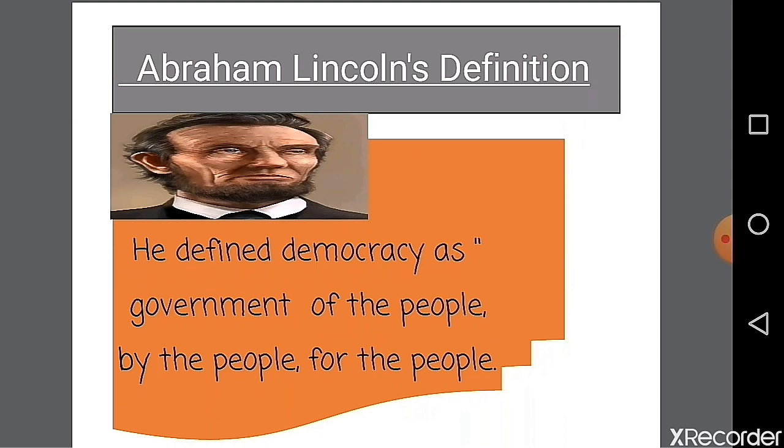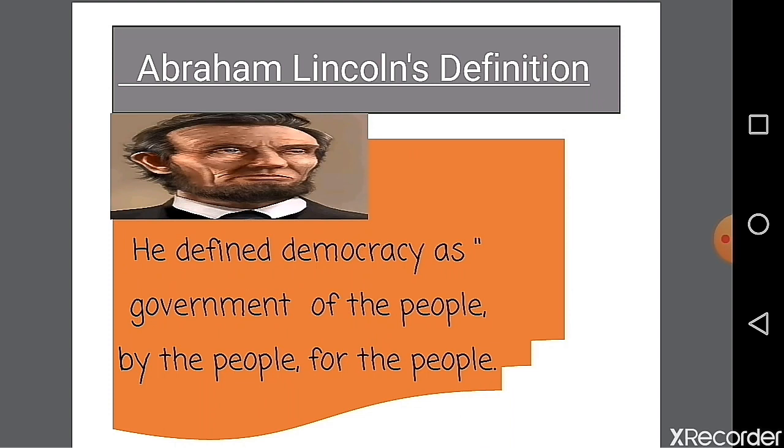Abraham Lincoln was the 16th President of the United States, and he led the nation during the American Civil War, and he was the one who abolished slavery. But here I am talking about democracy, so let's discuss that. He defined democracy in a very simple manner which you can remember very easily.